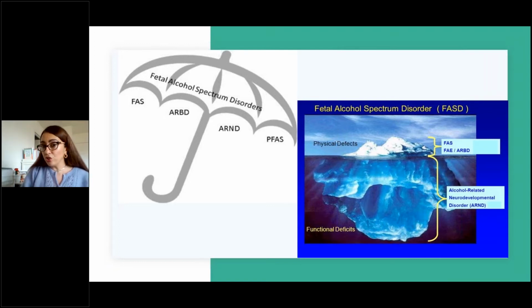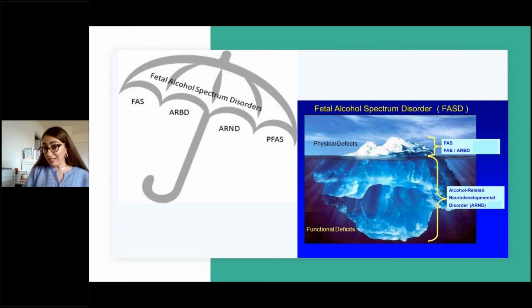So that brings us to the question: this is only around that 20%, so what happens to that other 70 to 80% of children who do not show any of the growth impairments, who do not have microcephaly, who do not have a smaller head circumference, who do not have the facial features?